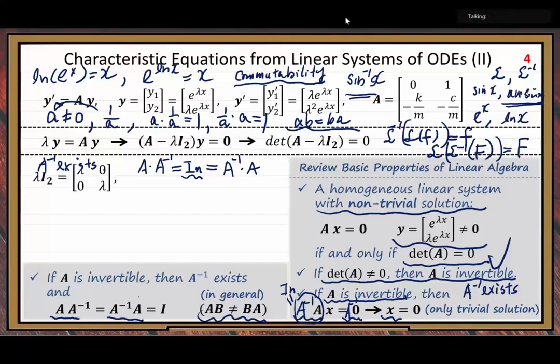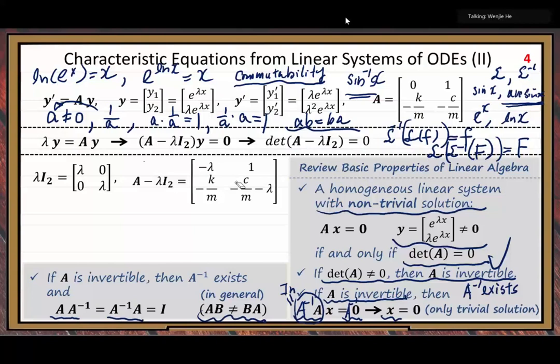Then we go back to our original question. This time, A matrix minus lambda times the identity matrix, lambda I2 equals, so we can write this matrix explicitly.